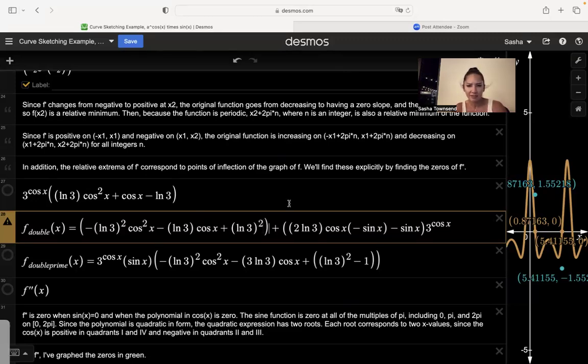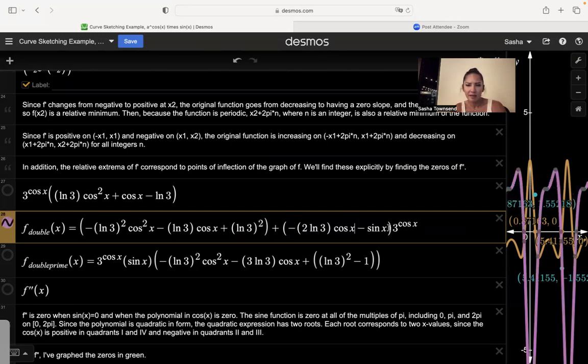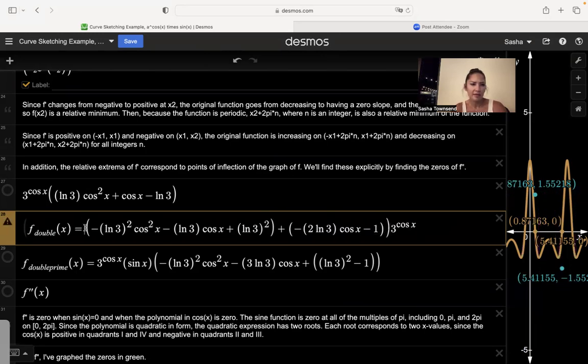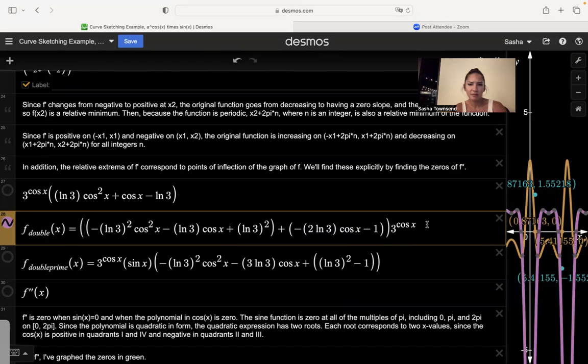And then here I factored out a sine of x. So I'm going to have a negative here and a negative 1 there. And all of this is multiplied by that 3 raised to the cosine of x times the sine of x.